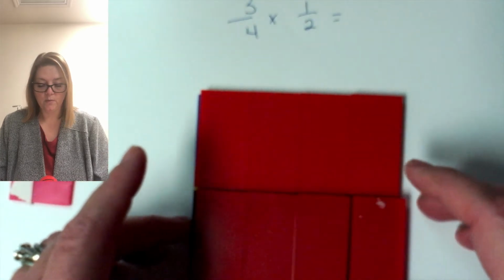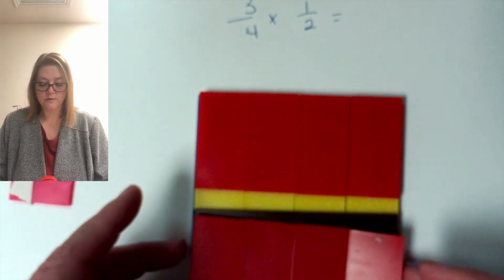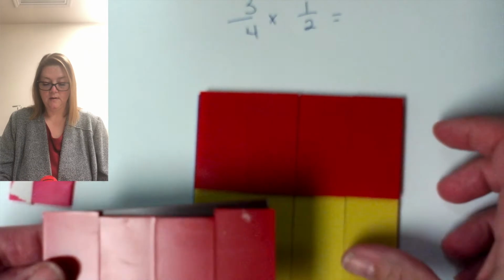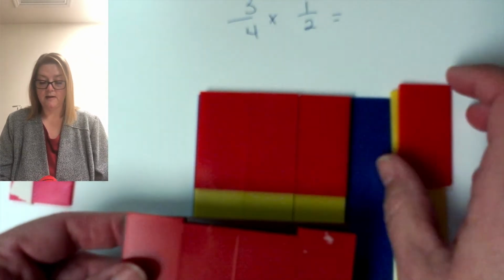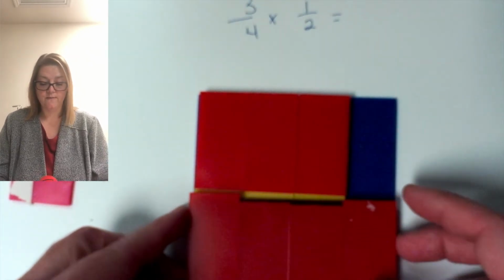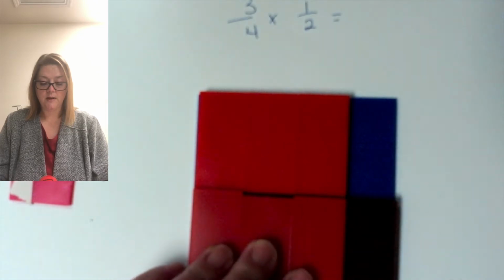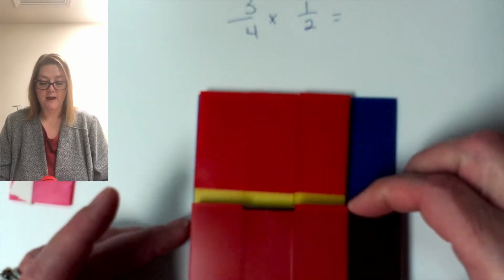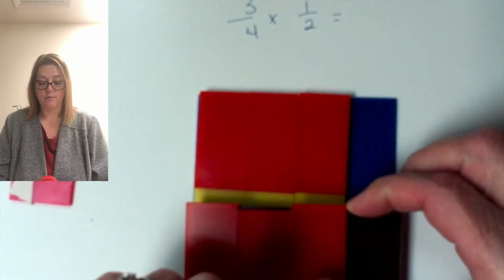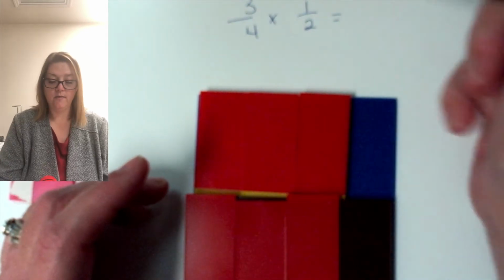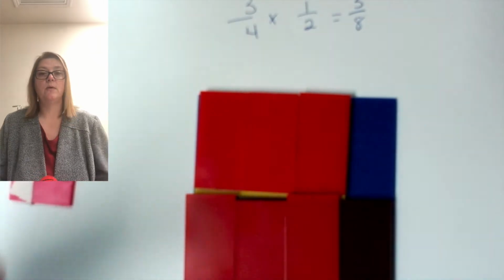If I'm looking for a 3/4 group, I know it's going to be this many because that's 3/4. But I'm only looking at 3/4 of the half, which is how many? 1, 2, 3. 3 out of what was my whole? Eighths. So that's how I get that 3/8.